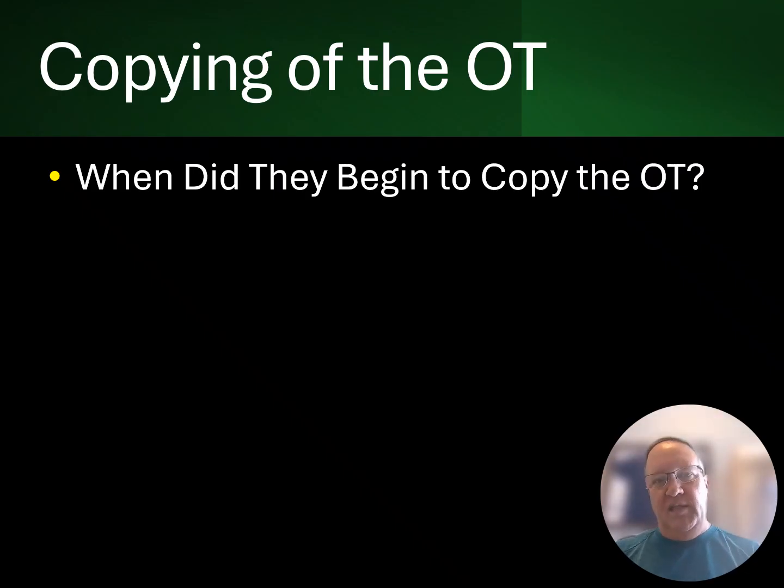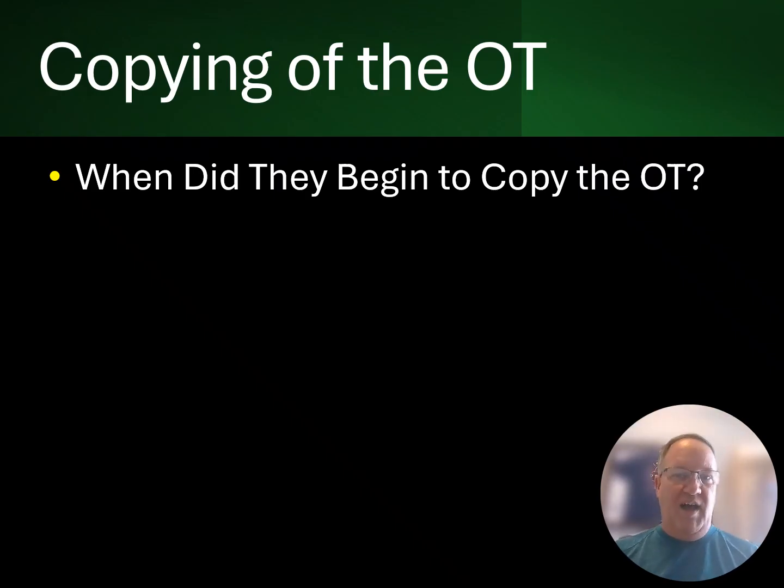Now, we already saw in lesson number 1 that they were commanded to make some copies. For example, the king was commanded to make a copy and to read it and study it and to keep the law of God in front of him at all times. We talked about the copy that was to be made on those limestones next to the mountains of cursing and blessing. But those are not in existence.